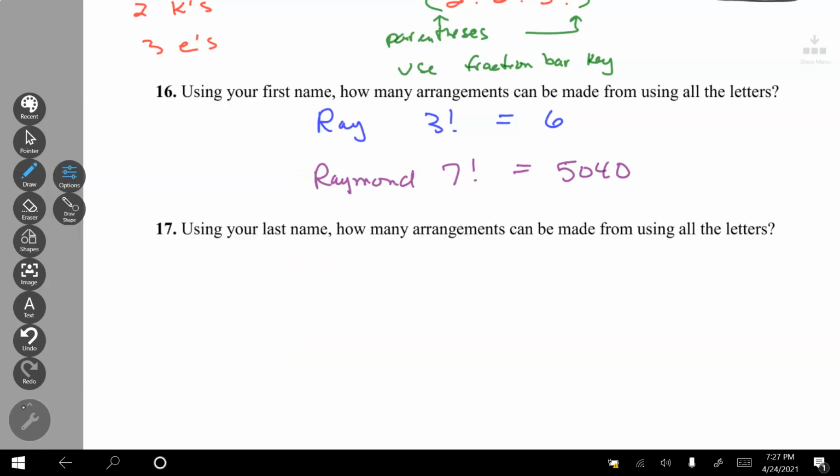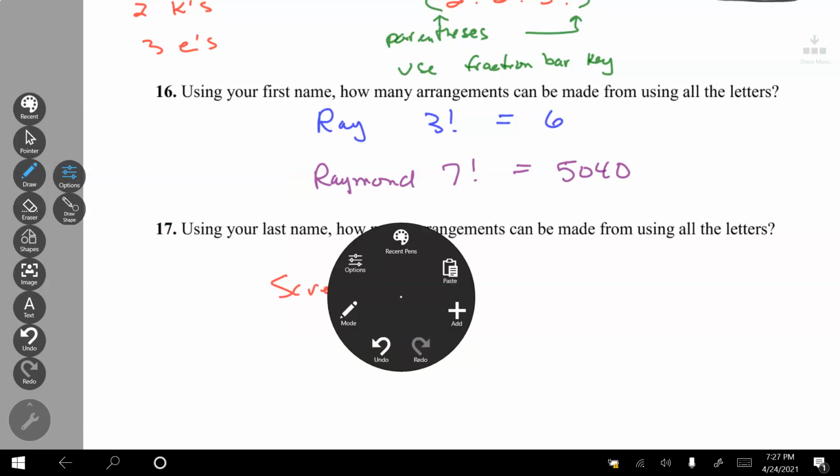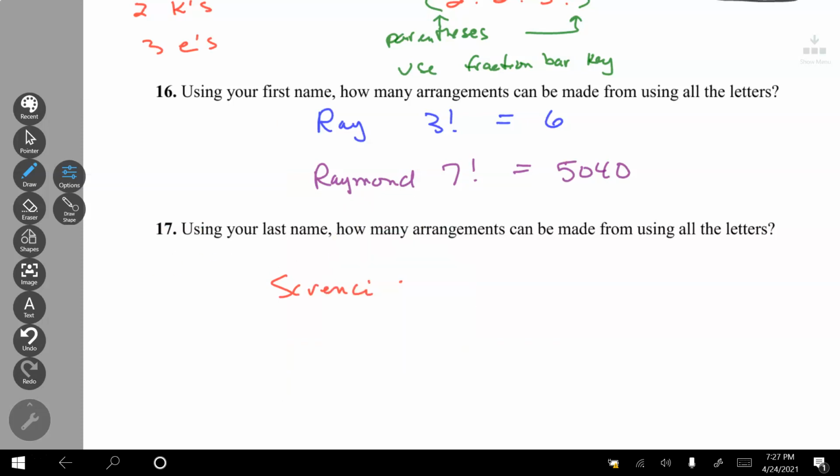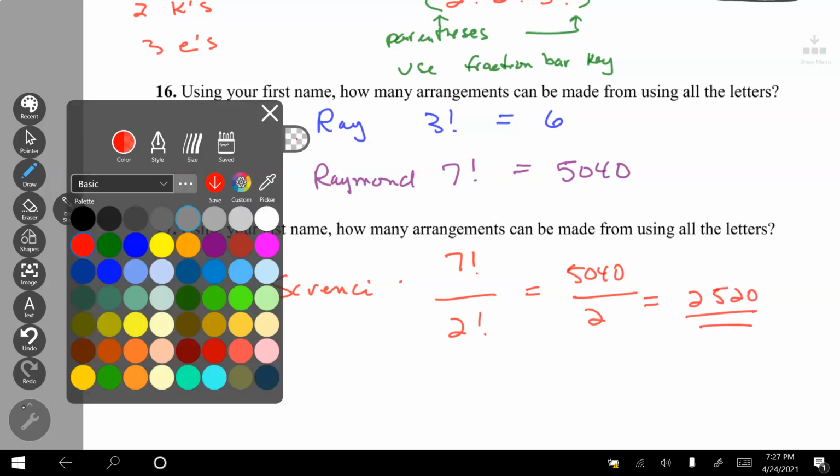If I do Scrunchy, my last name, I have 7 factorial, but I have 2 n's in Scrunchy, divided by 2 factorial. 5,040 divided by 2 gives 2,520 ways in which I can do that.